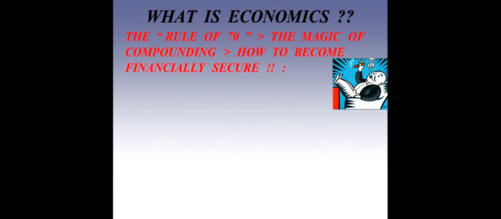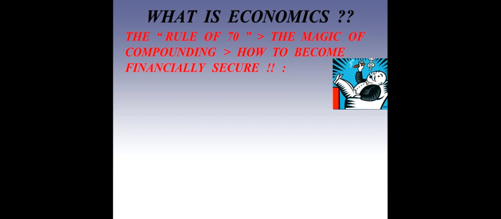Anyone can become financially secure if they understand and leverage the rule of 70. In the studies of math and investing, this is also known as the compounding rule. In a moment, I'm going to tell you how this works. But before I do, I'd like to share a testimonial with you about just how important understanding this concept is.